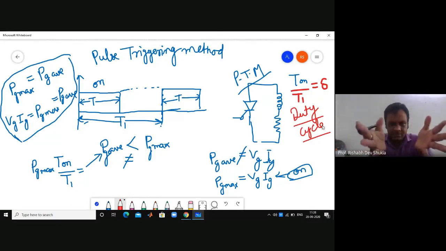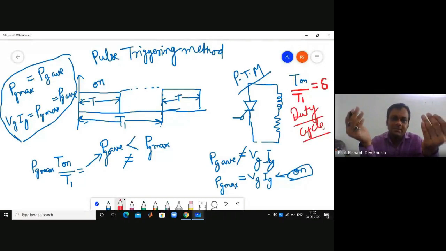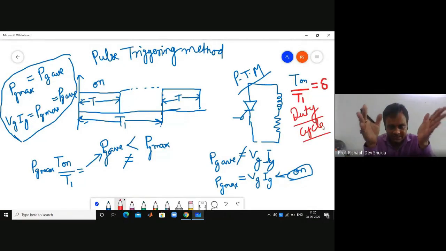In ordinary sense, if 24 hours is the total time period in a day and you are working for only 8 hours, then your duty cycle will be 8 divided by 24.